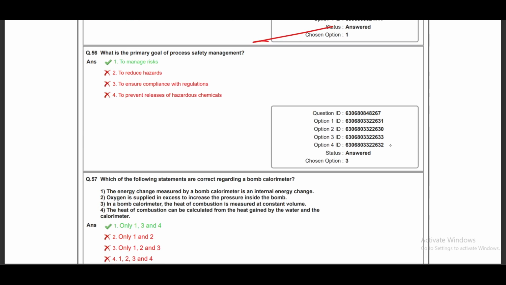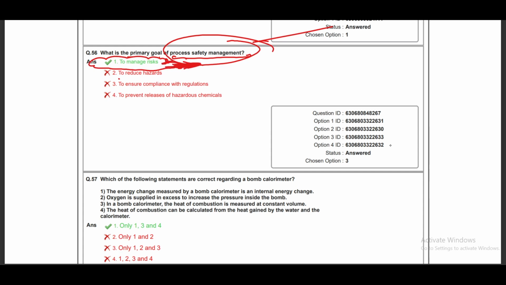Next is, what is the primary goal of process safety management? Obviously, its primary goal should be to manage risk. This is the more appropriate option, so you have to take this one.